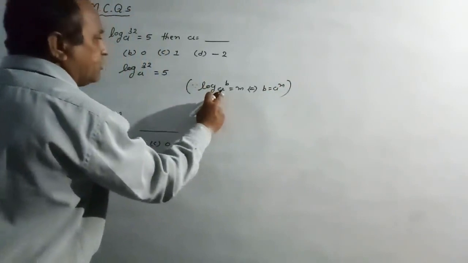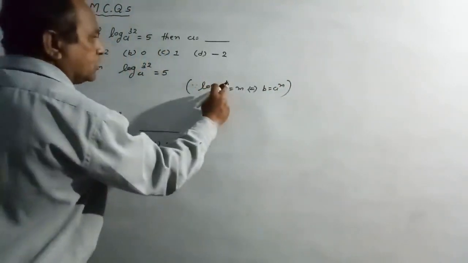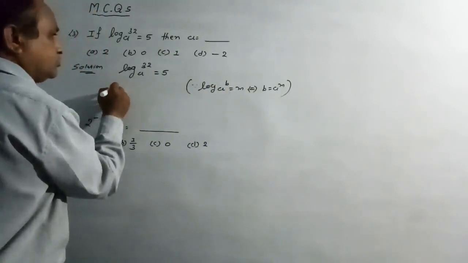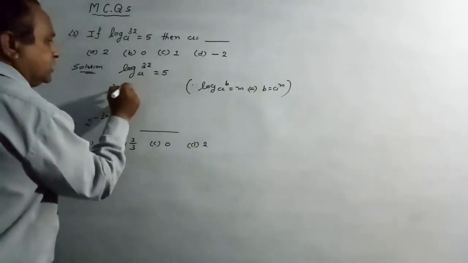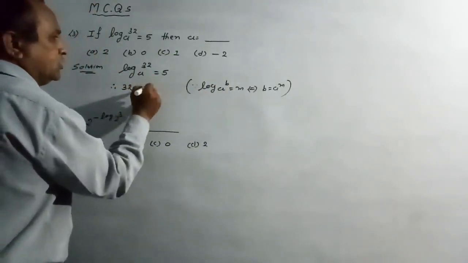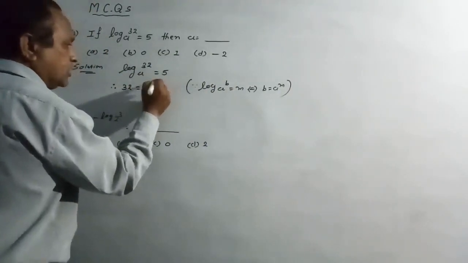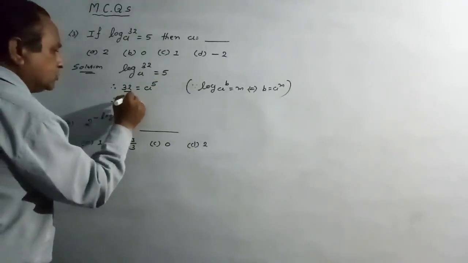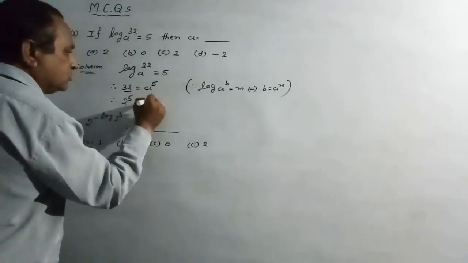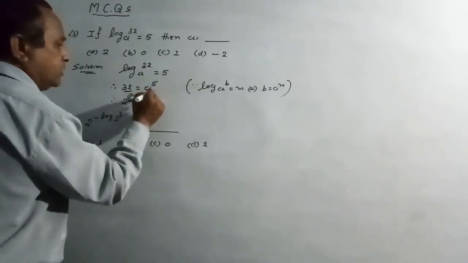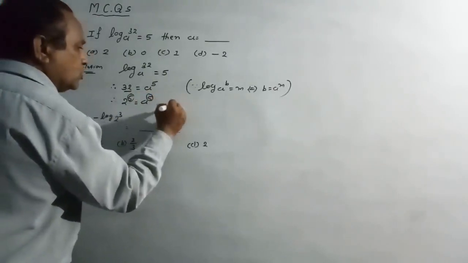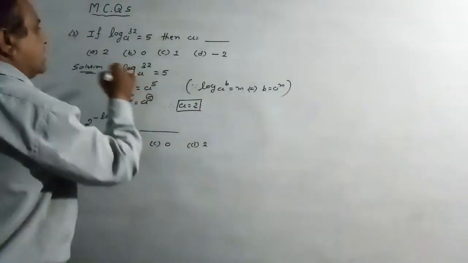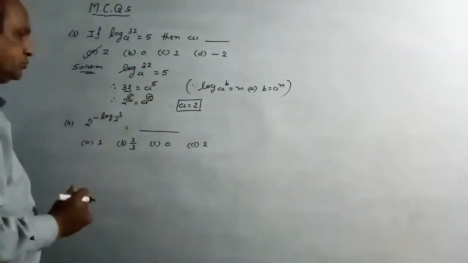So here a is a, b is 32, n is 5. So 32 is equal to a raised to 5. Now the factor of 32 is 2 raised to 5, and a raised to 5. Then the same indices cancel, so a is equal to 2. So our answer is 2.